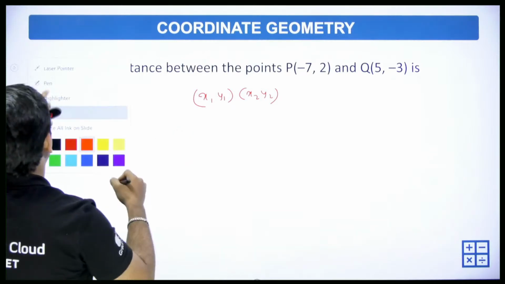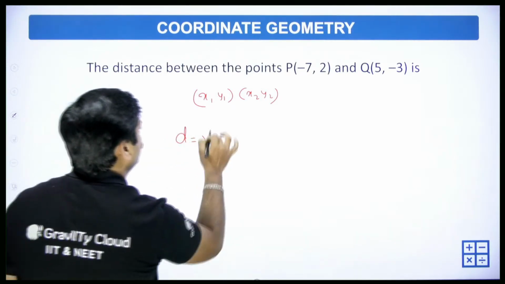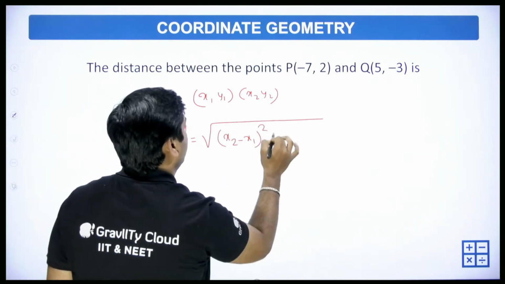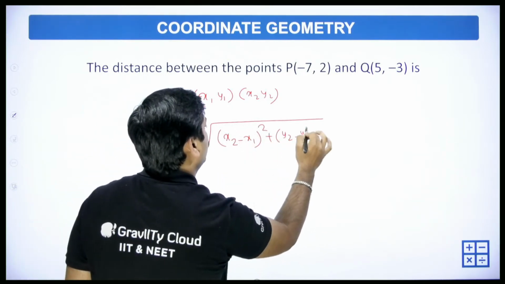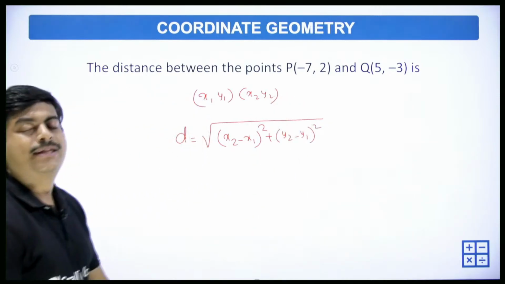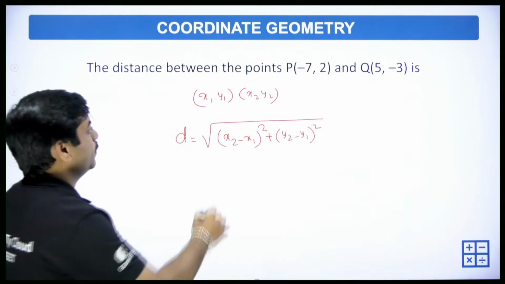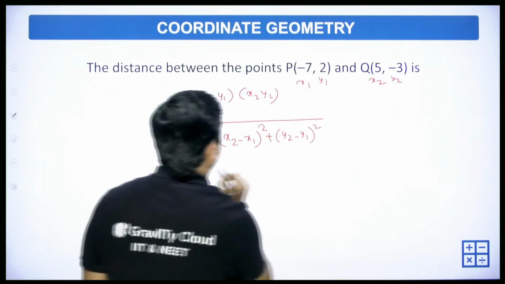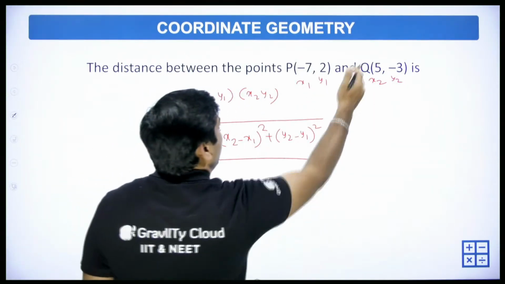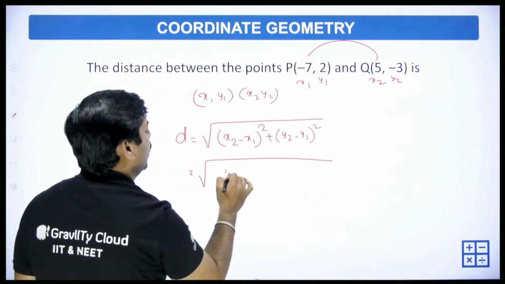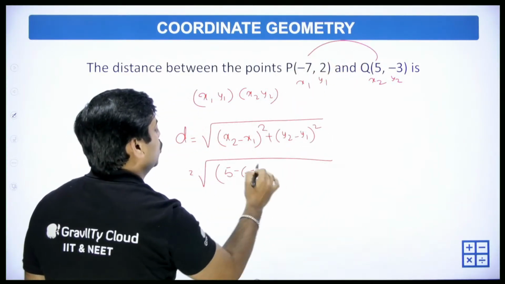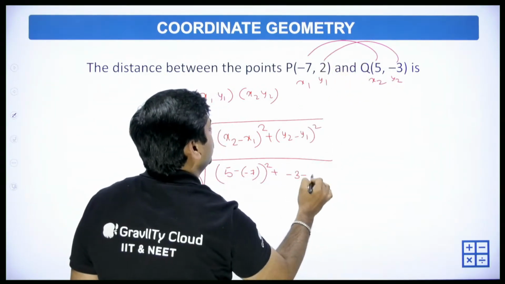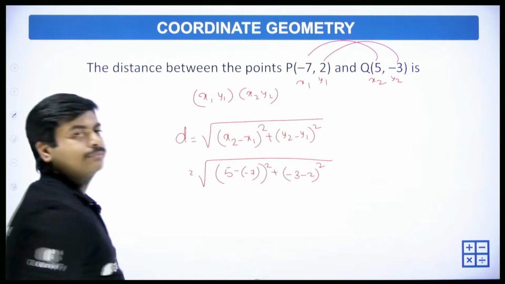The formula for distance is root over x2 minus x1 whole square plus y2 minus y1 whole square. That will give you root over 5 minus of minus 7 whole square plus minus 3 minus 2 whole square.